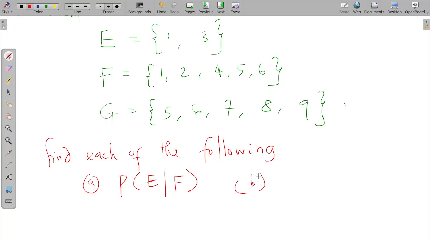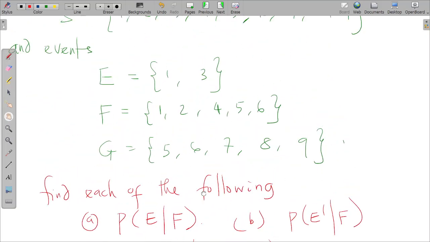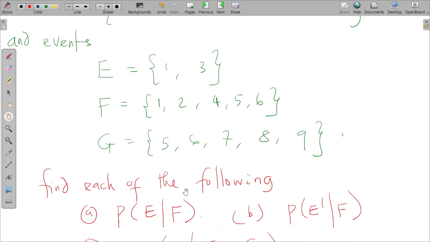Number 2, we want to find probability of E prime given F. That is the second one to find. Okay, the third one to find. We want to find the probability of E given F intersect G. Okay, that is the probability to find. Okay, let's quickly go through that one. This is the sample space. This is E, F, and G.